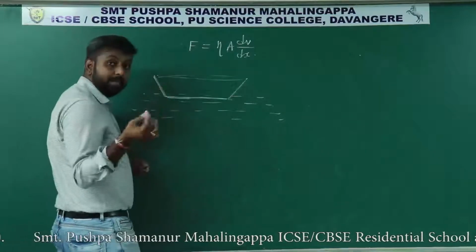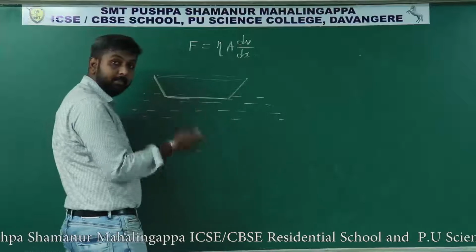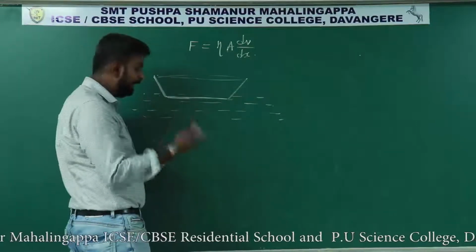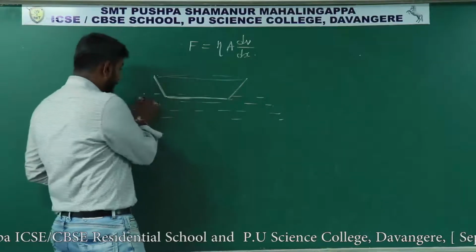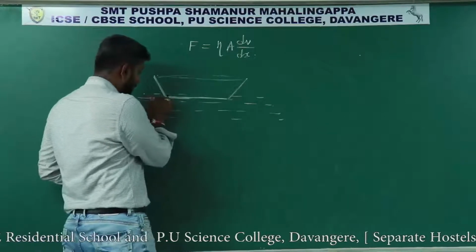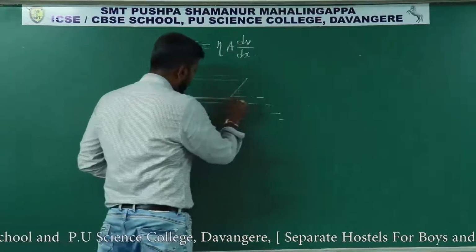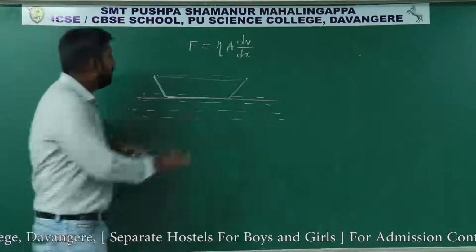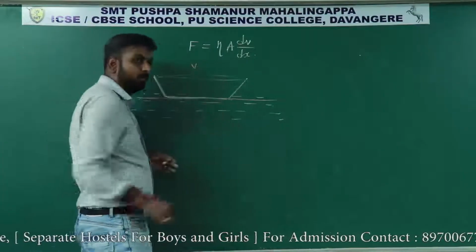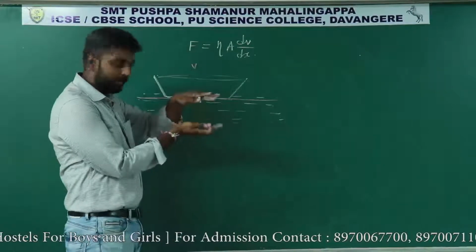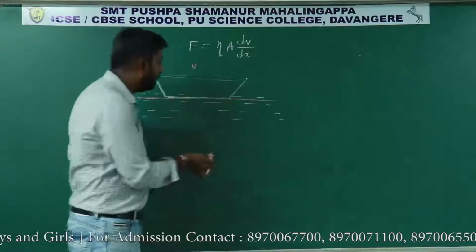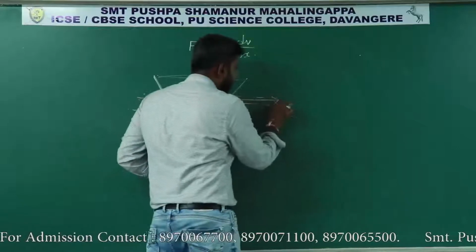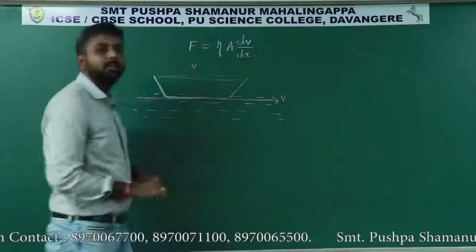Definitely we can consider the liquid medium as different layers, a number of layers. The topmost layer is attached to the bottom of the boat. With whatever velocity this boat moves, definitely the layer attached to the bottom of the boat also moves with the same velocity.